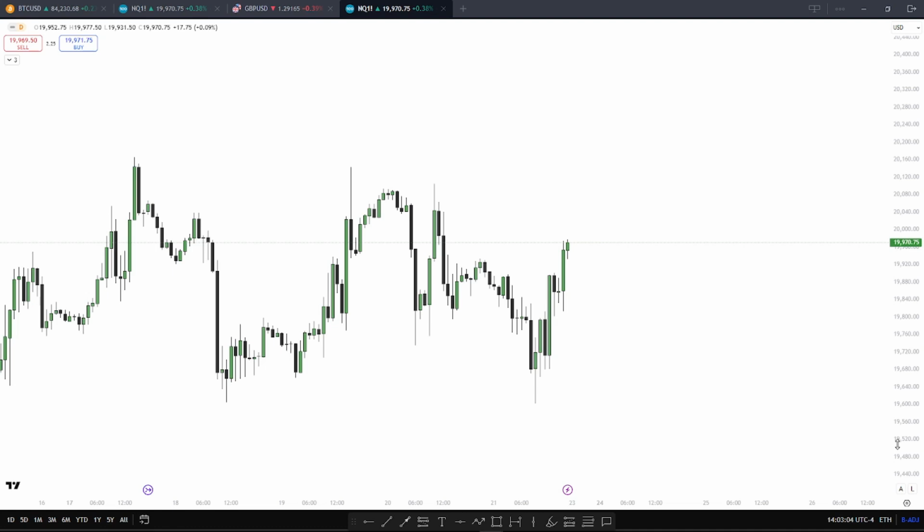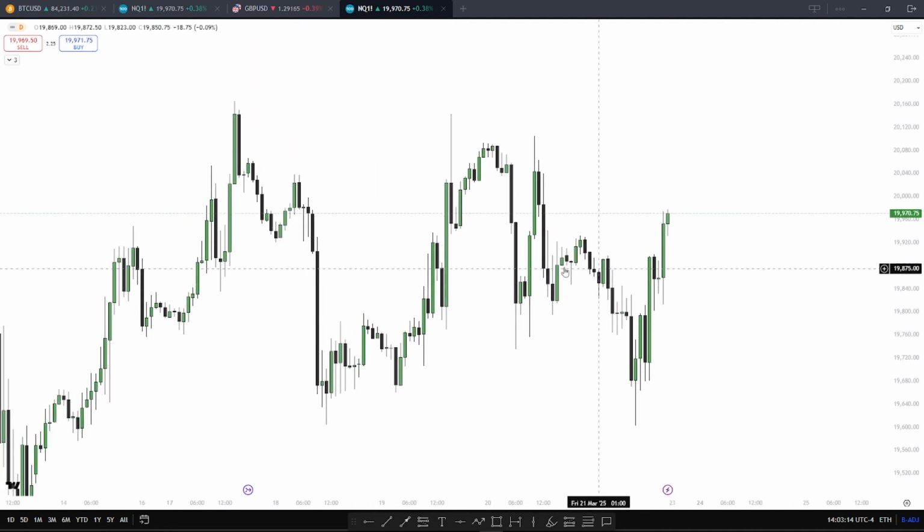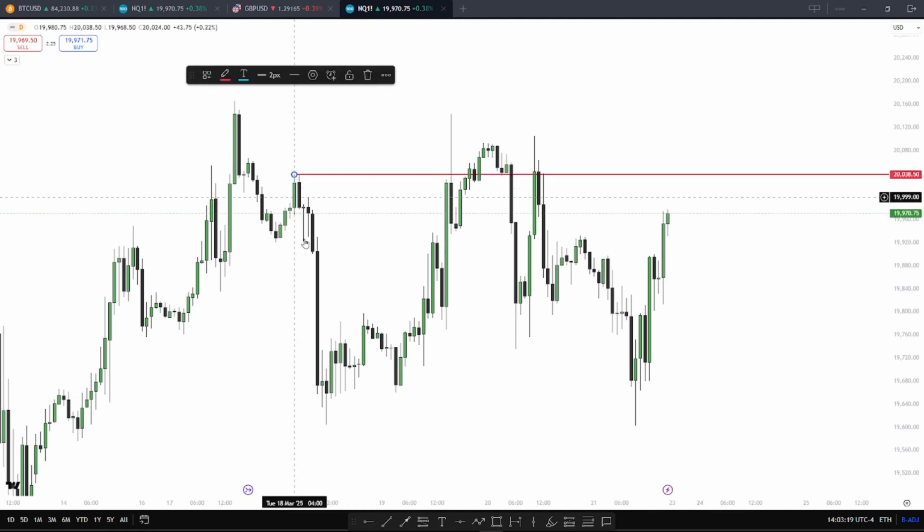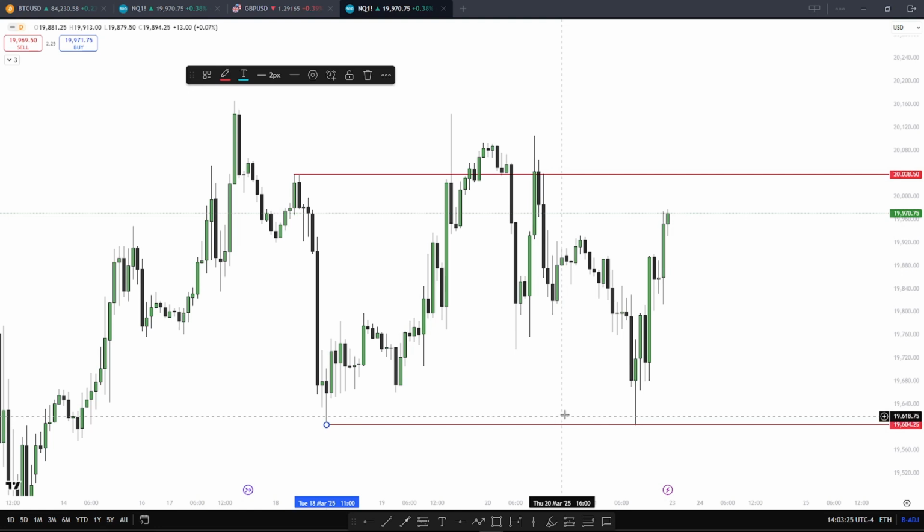Now, a range is defined by a low to a high that price is currently trading in. What I mean by this is, as we can see over here, let me draw this out quickly. This is a high, and then over here, we have a swing low.